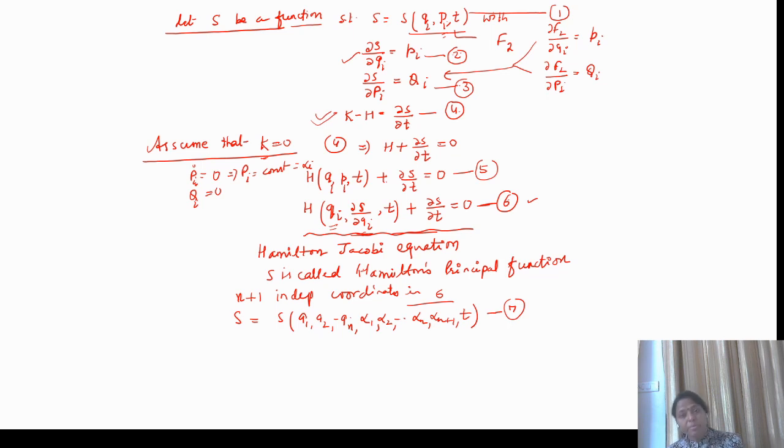It is not appearing as such in the form of S, rather it is appearing in terms of its derivatives. So if I take S plus alpha n plus 1, or I add some constant in S, that will also satisfy 6.